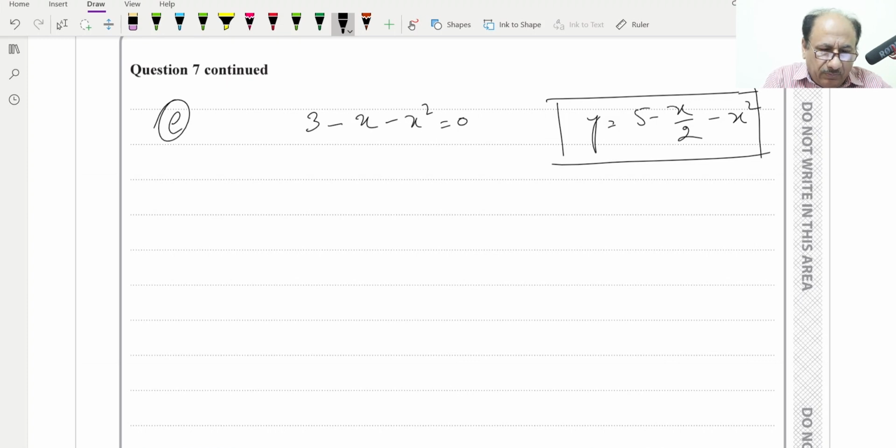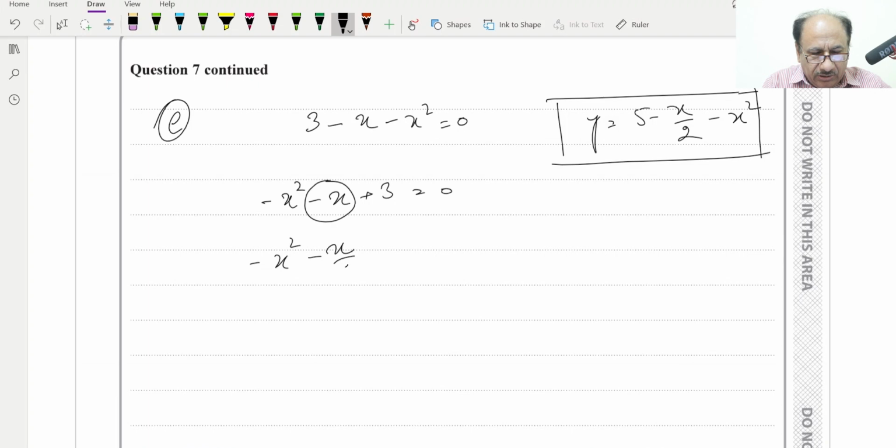To make this format, I will rearrange it: minus x square minus x plus 3 is equal to 0, and this minus x I will write as minus x by 2 and minus x by 2, which already sum up to minus x.